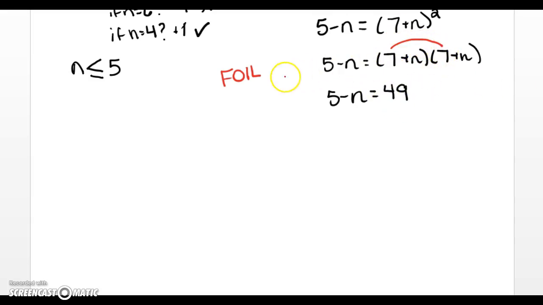Then you're going to multiply the outside, so 7 times n, which is 7n. Then the inside terms, n times 7, which is 7n, and then your last terms, n times n, which is n squared.